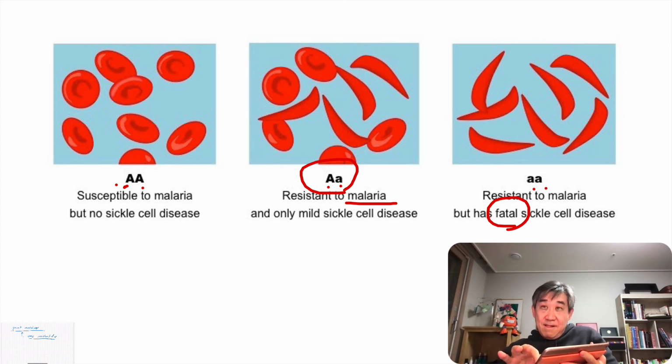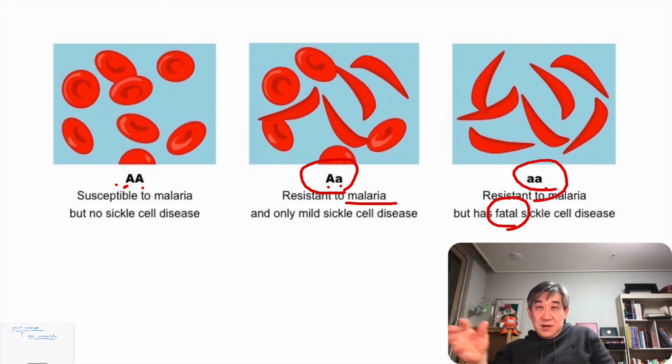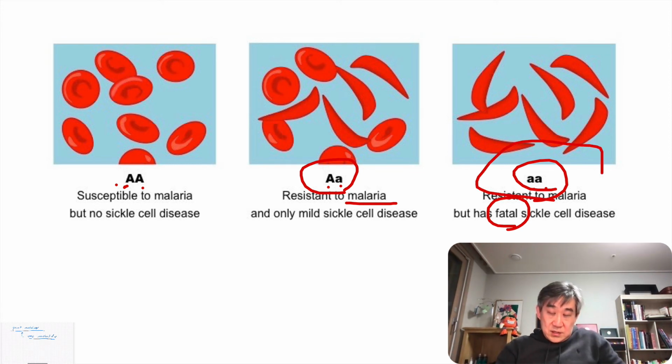So in a population, in a region where malaria is such a serious problem, you will get an unusually high proportion of heterozygous individuals. Otherwise, during gene segregation, as you keep producing offspring, some of them will emerge carrying two recessive alleles.